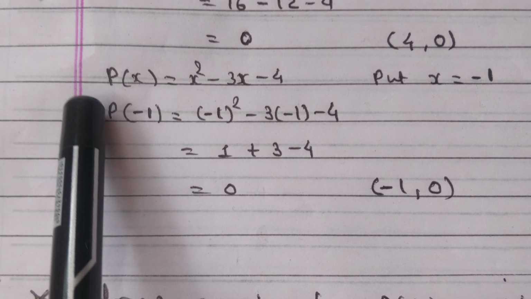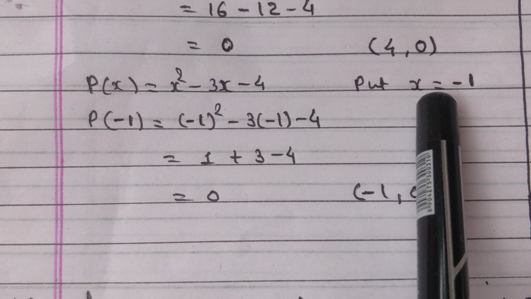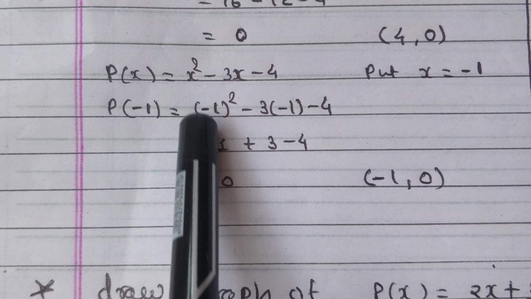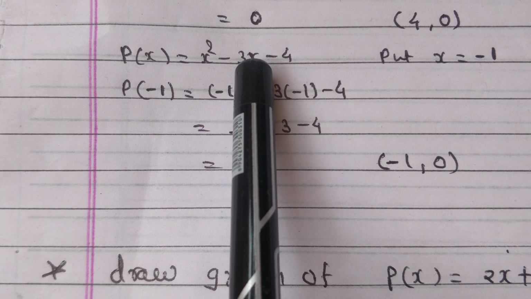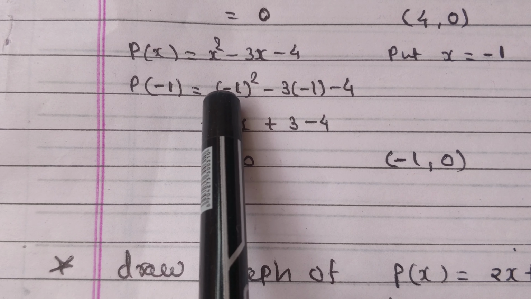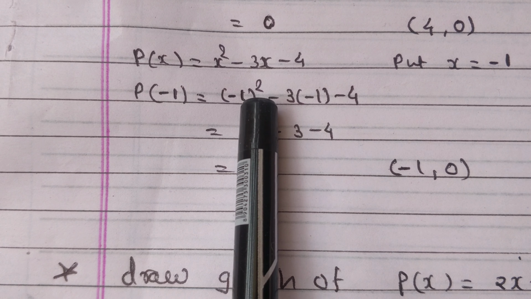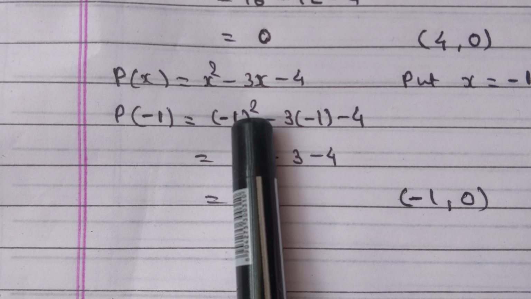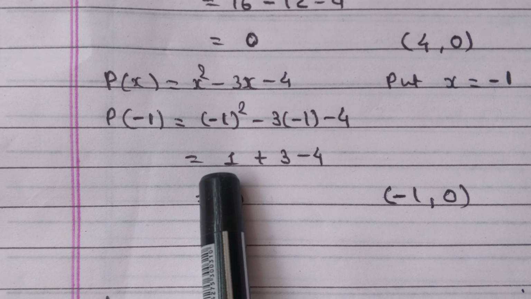Now take another value. P of x is equal to x square minus 3x minus 4, where we put x is equal to minus 1. So minus 1 square minus 3 times the value of x, minus 1, minus 4 as it is. Here the power is an even number, 2. So when the power is an even number on a negative number, the answer is plus, positive.